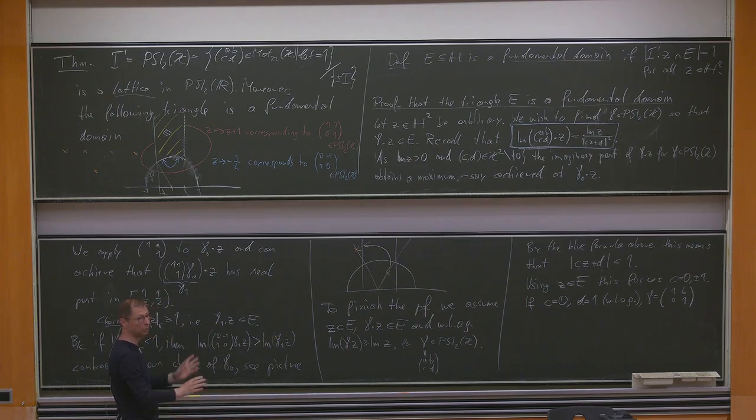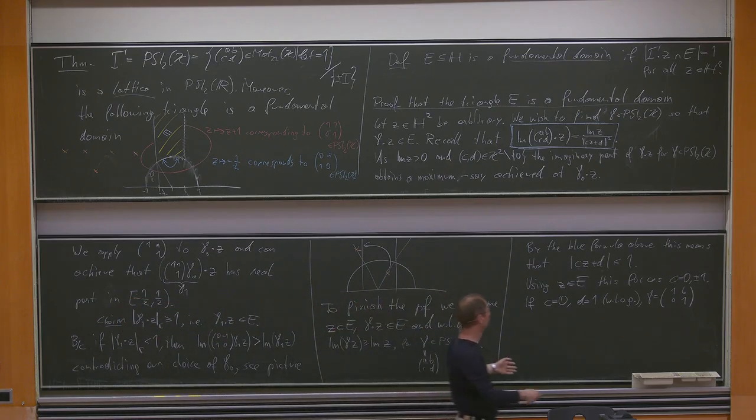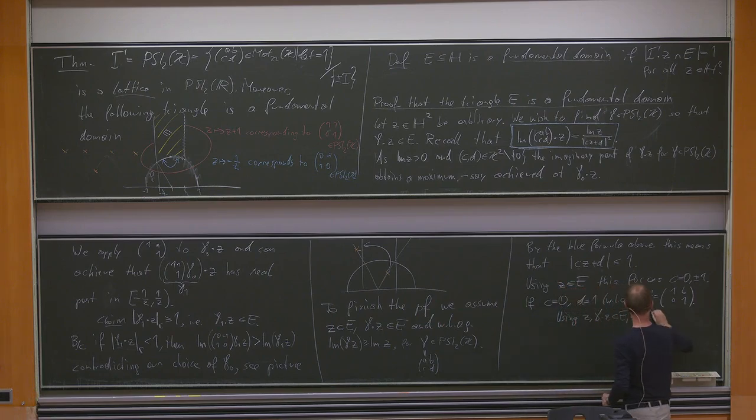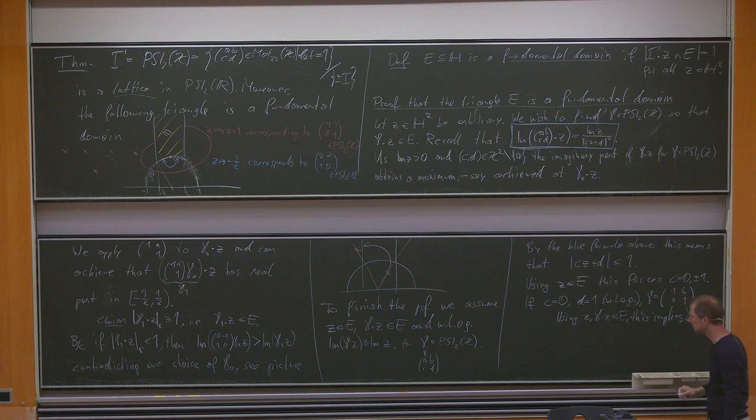Then we can only shift by nothing. So then B is equal to 0. Using Z, gamma Z in E, this implies gamma is plus minus the identity. That was the case c equals 0.